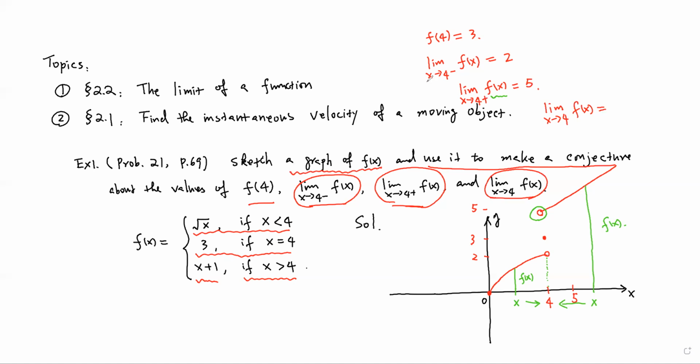When I let x approach 4 from the left side, I got a limit of 2. When I let x approach 4 from the right side, I got a different limit. So the both-sided limit, we say, doesn't exist.